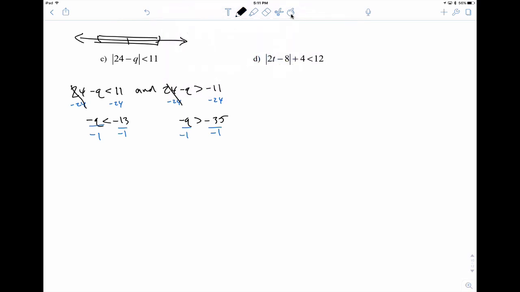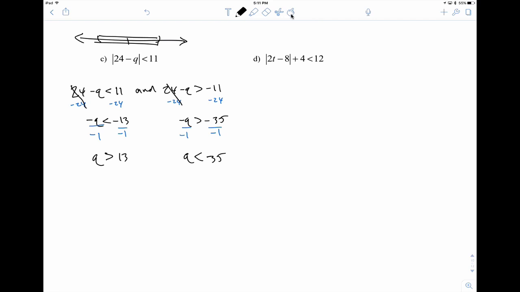So since we're dividing by minus 1, we can go, now q, positive, is greater than 13. And over here, q is less than 35.